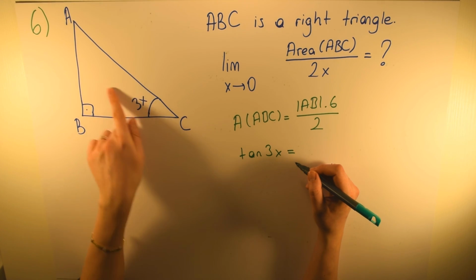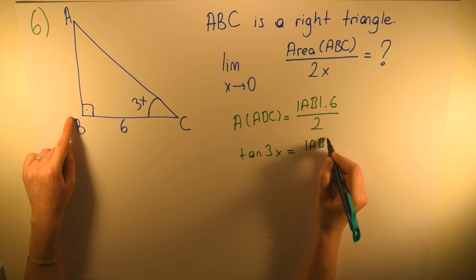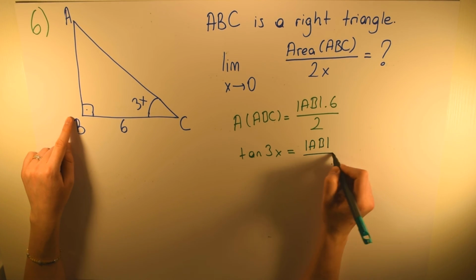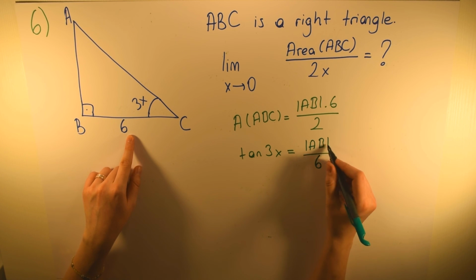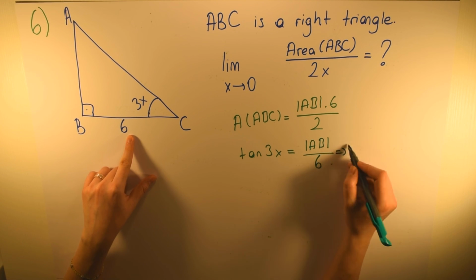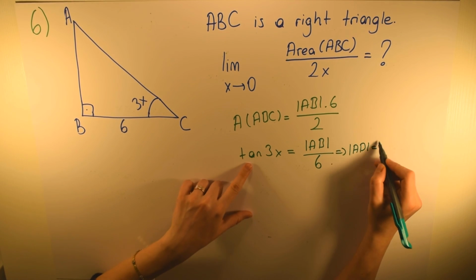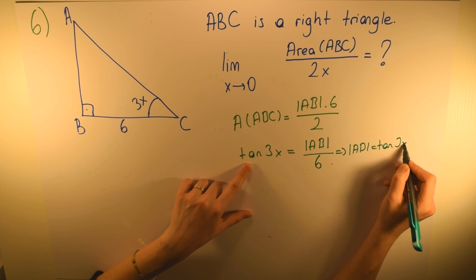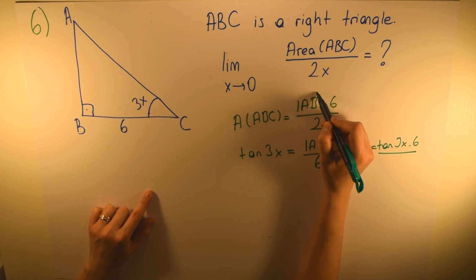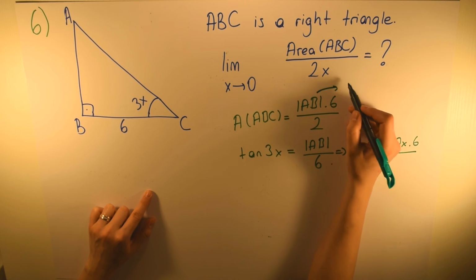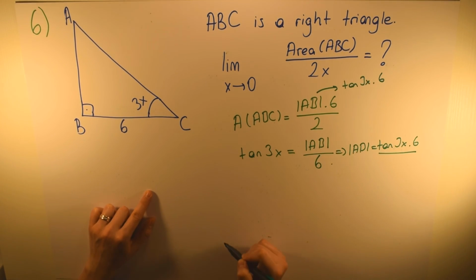So here its opposite side is the length of AB, over the adjacent side, which is equal to 6. So instead of the length of AB, I can write tangent 3x times 6, right? So here, instead of AB, I can write tangent 3x times 6, okay?